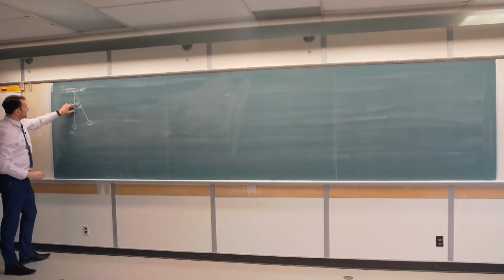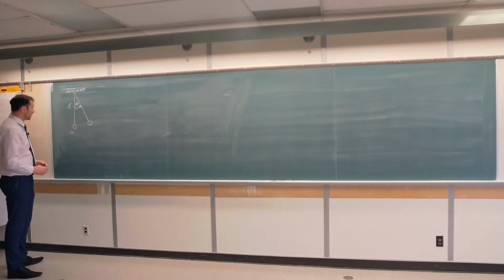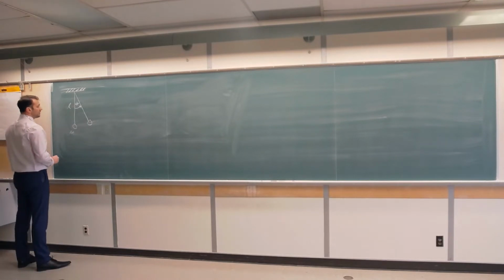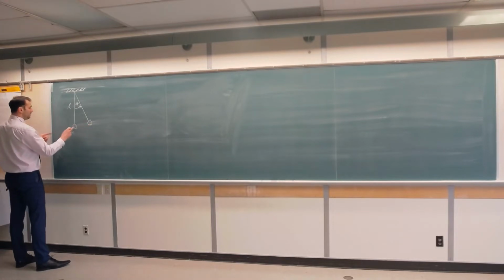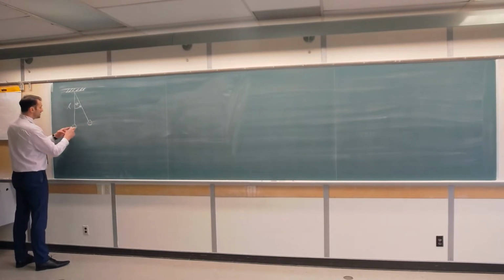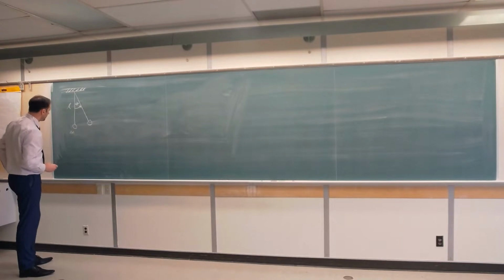Now, this angle theta needs to be small, but in order to make this visible, I make it large, okay? So, if we displace this, of course, the pendulum will swing back past the equilibrium point, swing here, and eventually be affected by the Coriolis force.